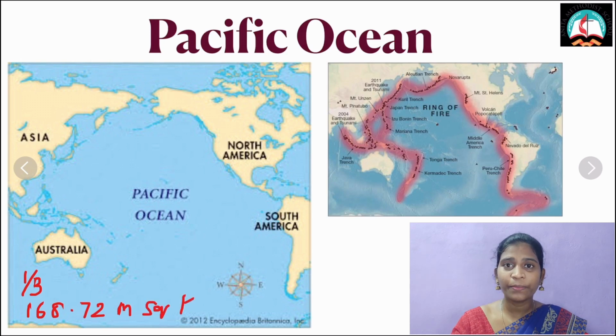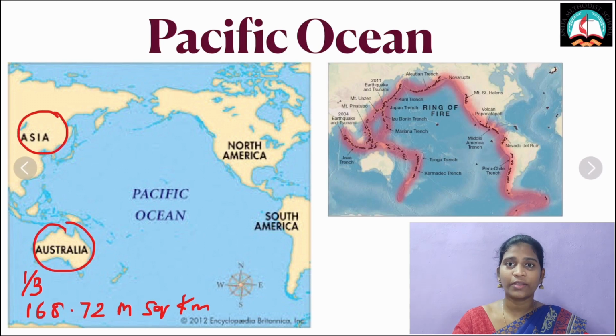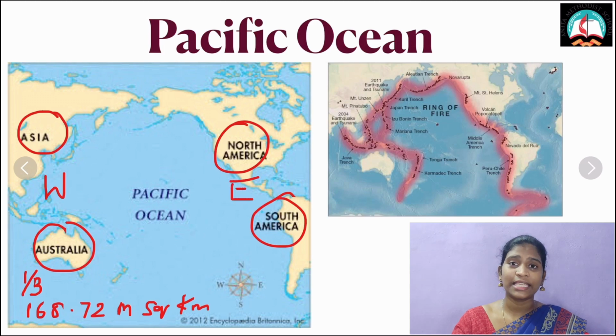It is bounded by Asia and Australia in the west and North America and South America in the east. It stretches from Arctic Ocean in the north to Southern Ocean in the south. This ocean is roughly triangular in shape.